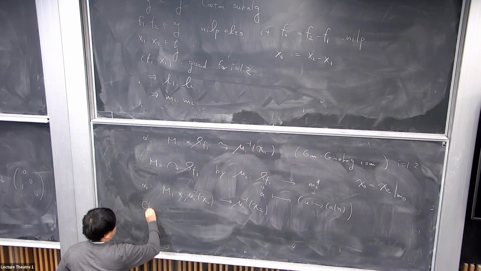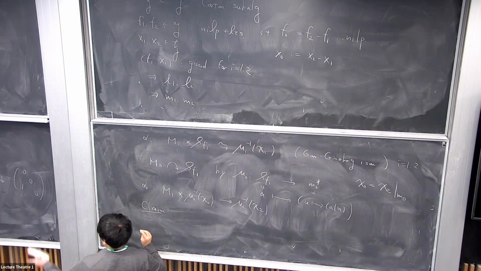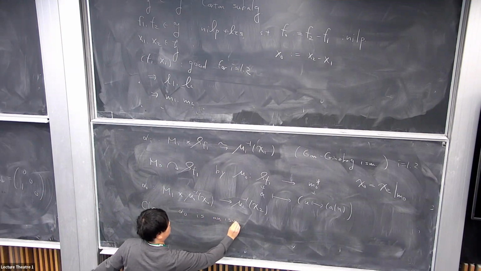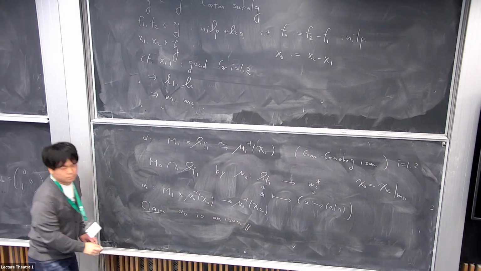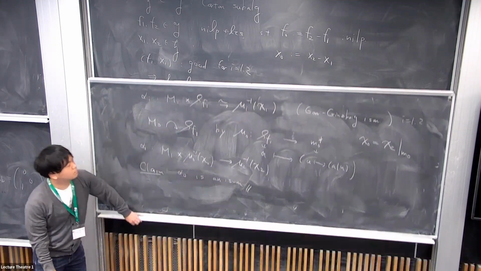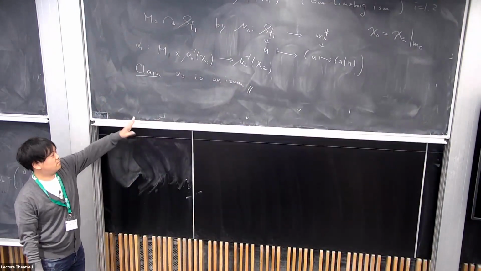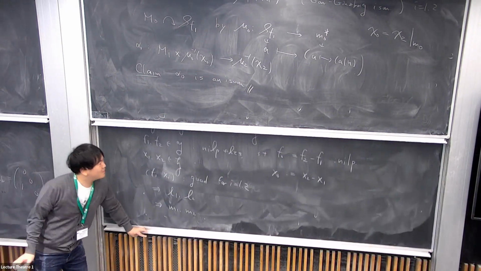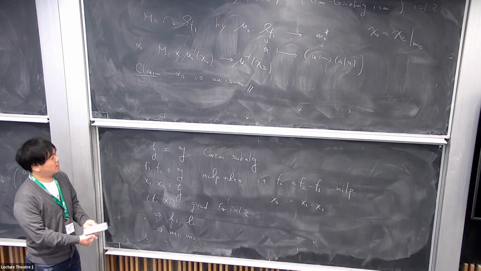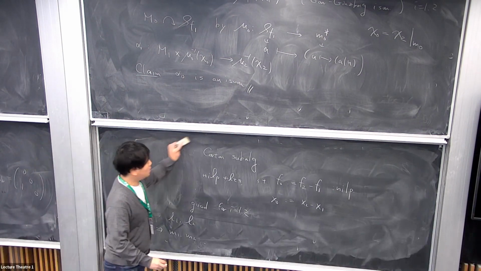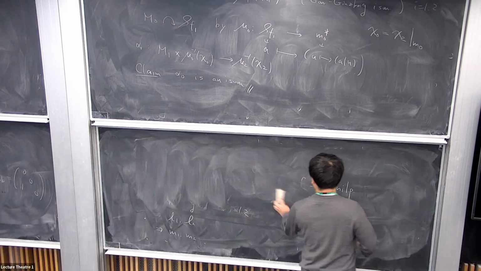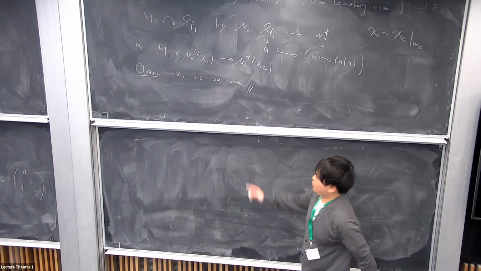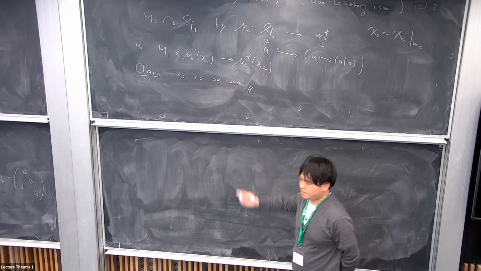Our claim is that using this assumption, this alpha 0 is still an isomorphism. To show alpha 0 is an isomorphism, we need this complicated assumption. Anyway, now we know alpha 0 is an isomorphism.